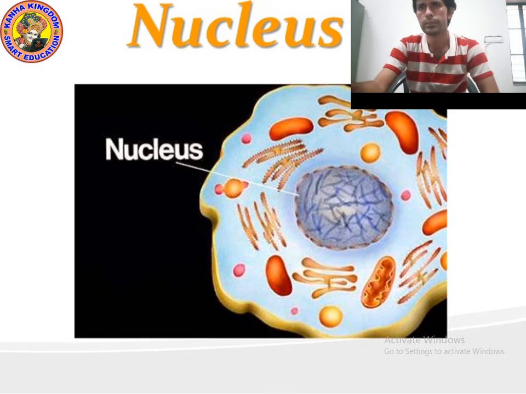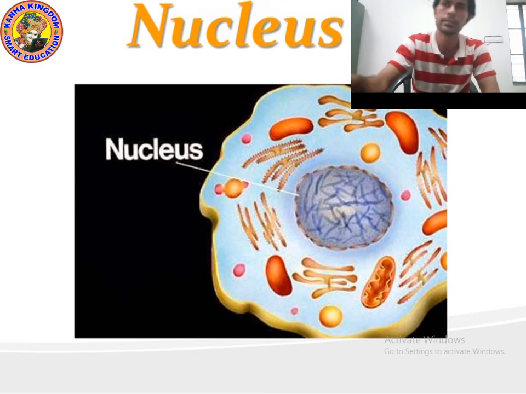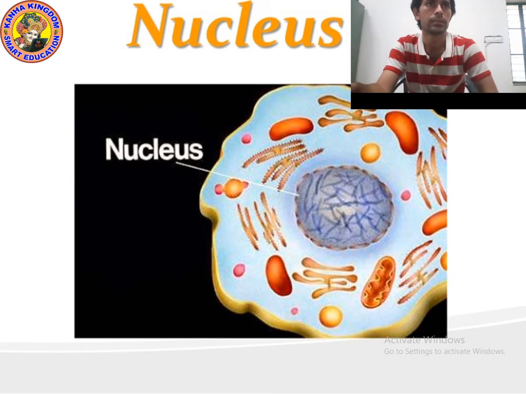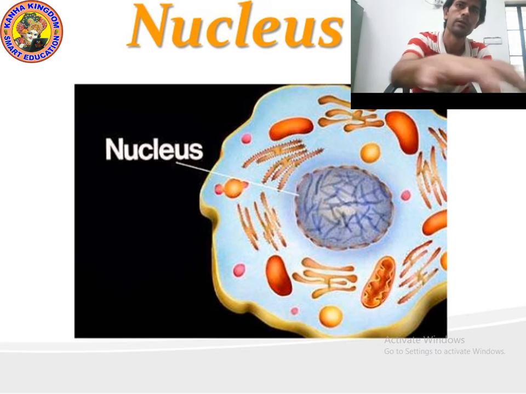So kids, this is the enlarged picture of the nucleus. As you can see clearly, the center part is the nucleus. I already explained that the nucleus is actually the controller.